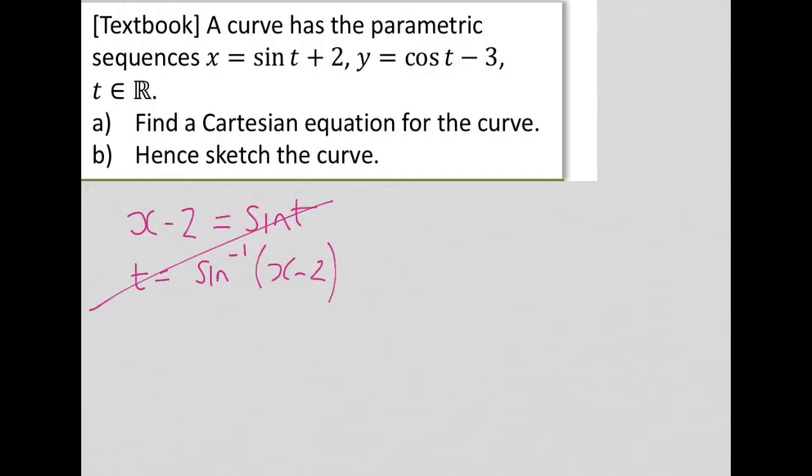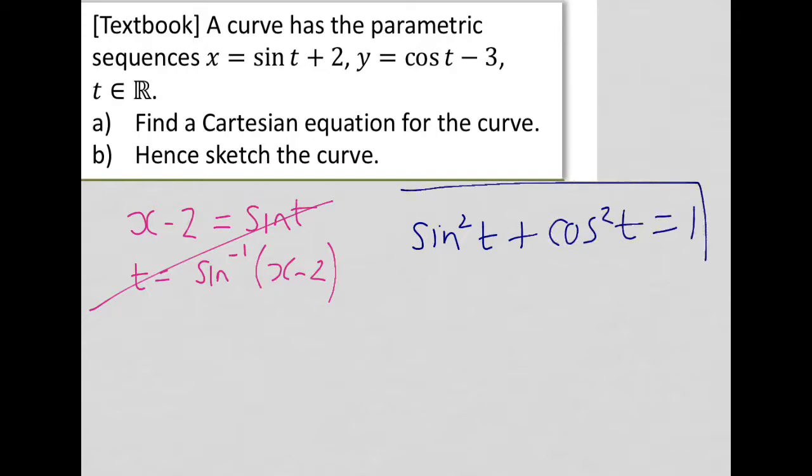So here we've got to think of a way of eliminating t, but we've got a sine t and a cos t. What you need to remember is that you know this, and we learnt this in AS: sine squared t add cos squared t equals 1.